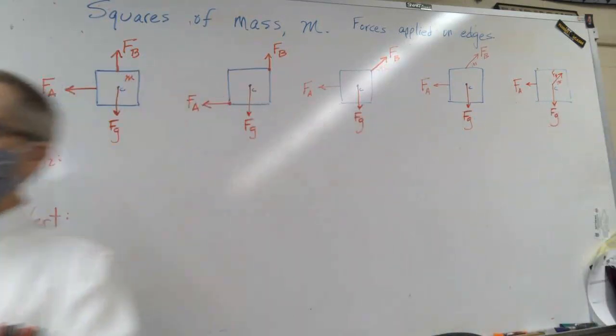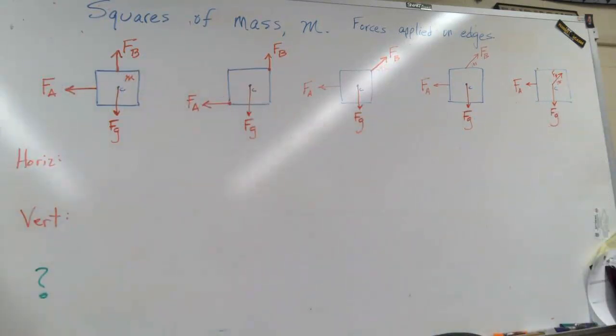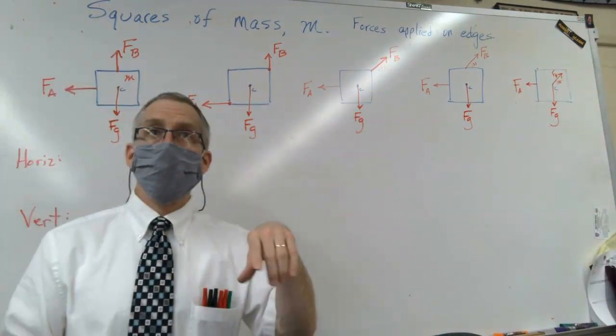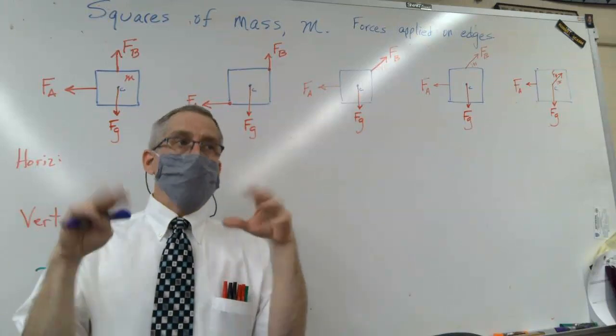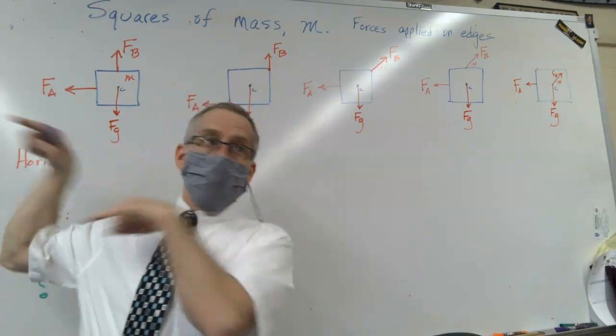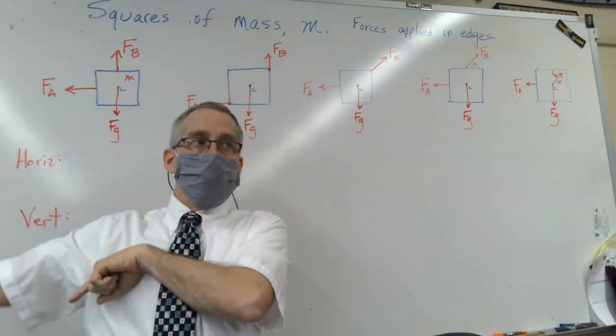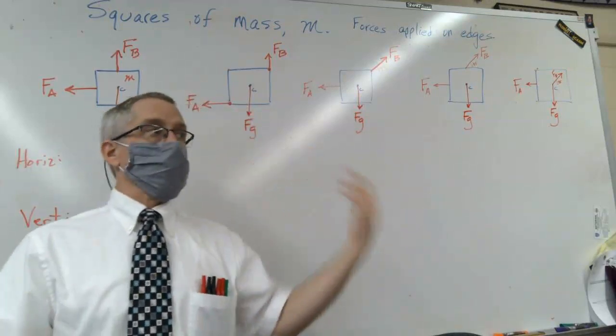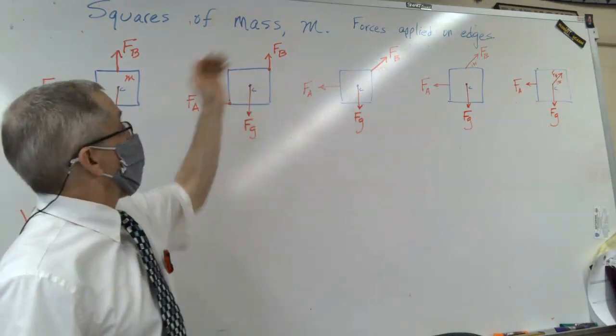I'm going to cut to the chase, because I don't think we need all the detail of picking a positive and a negative. On this one, the horizontal is pretty obvious: there's only one force, so I'm going to pick leftward as my positive just for convenience. But I don't know what to do with vertical because it depends on whether FG is bigger or smaller.